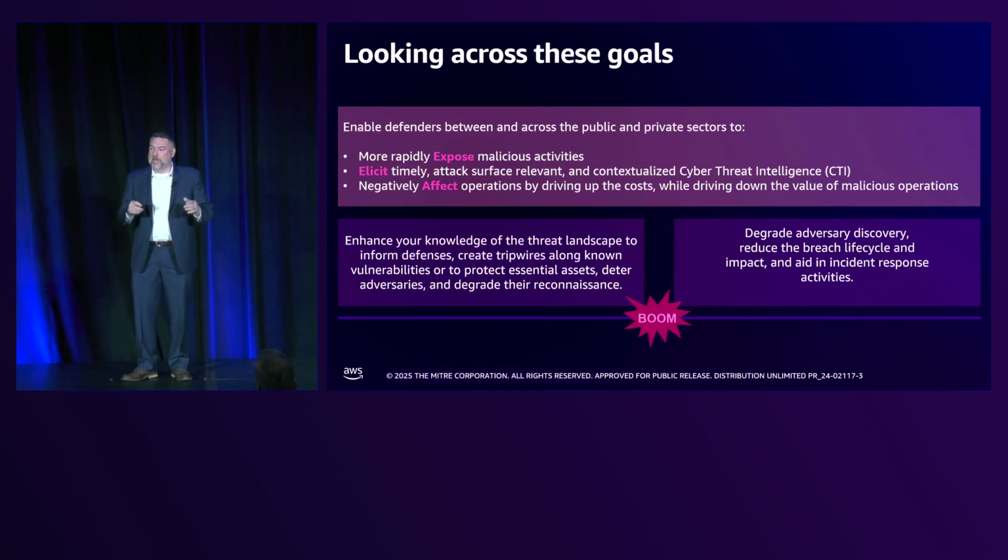Whereas if you inject some element of non-truths in the mix with adversary engagement, you get the advantage across the entire attack lifecycle, from before boom to boom and after boom, in order to not only get the information and tactics that might be in play, but also to understand post-boom what you're going to need for incident response and so forth. You're not giving up throughout the entire attack lifecycle. So that's really what you're looking to do: create that knowledge of the threat landscape and then degrade adversaries' discovery overall.